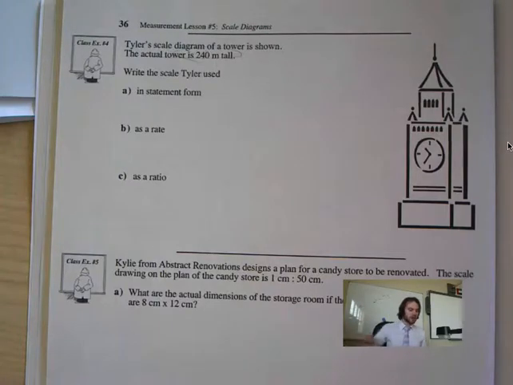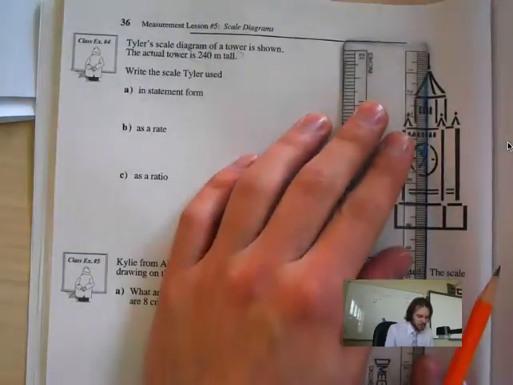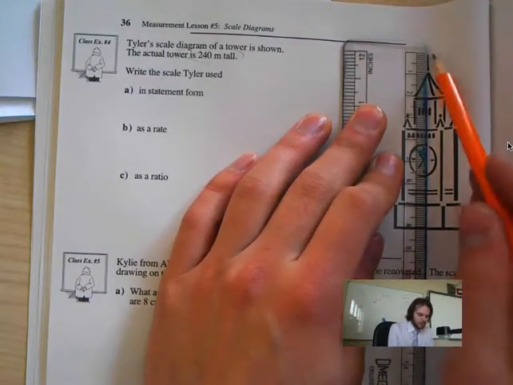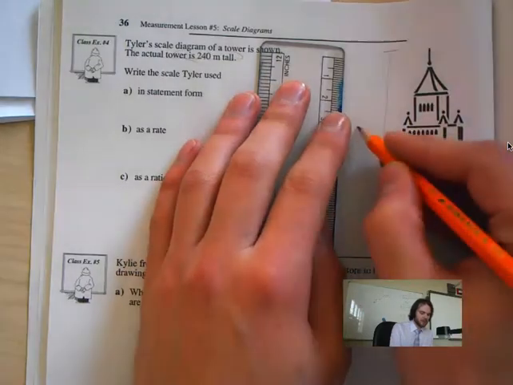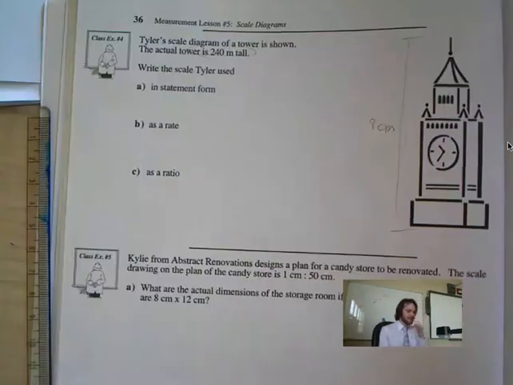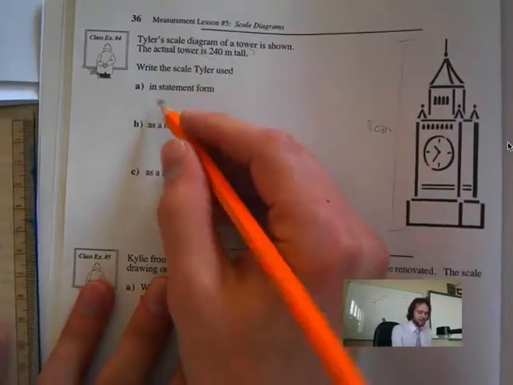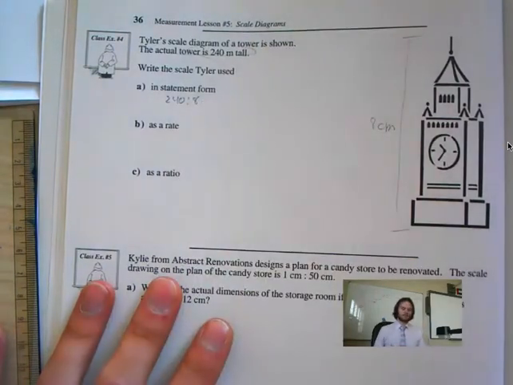So let's measure how tall this tower is. Okay, so I measure from here to here, from the top to the bottom. This is 8 centimeters. Okay, so what is the statement? Well, we have 240 to 8.